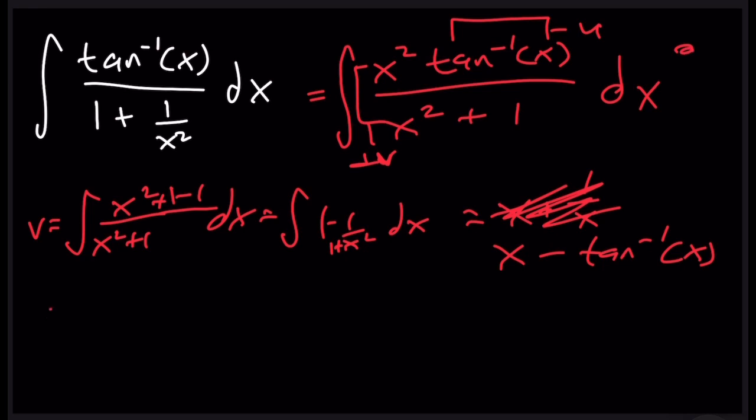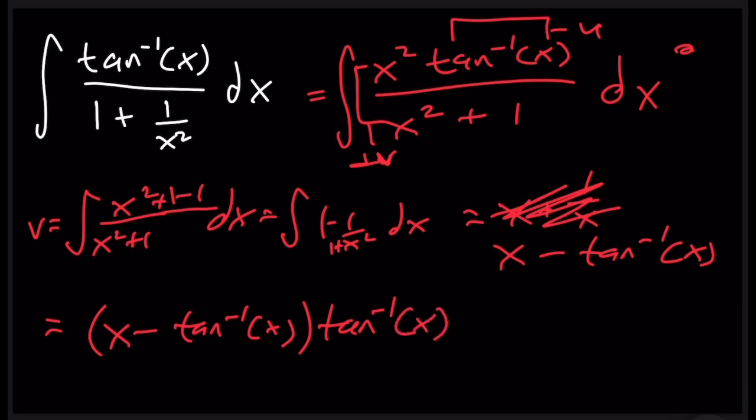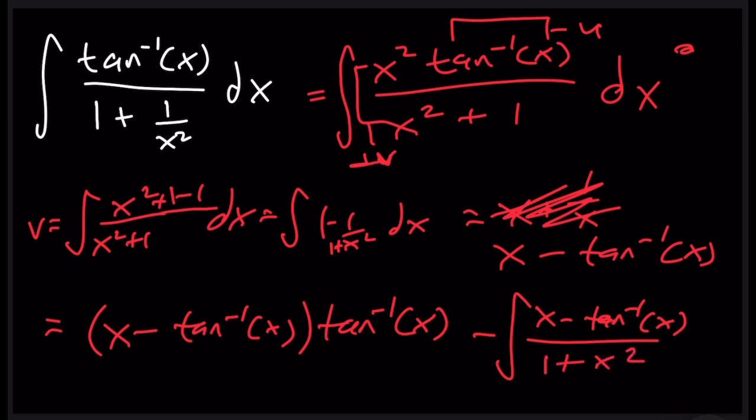And so it's going to be equal to x minus tan inverse x, which is our v, times u, which is tan inverse x, minus the integral of x minus tan inverse x times the derivative of tan inverse x, which is 1 over 1 plus x squared. So let's just rewrite that here really quick.